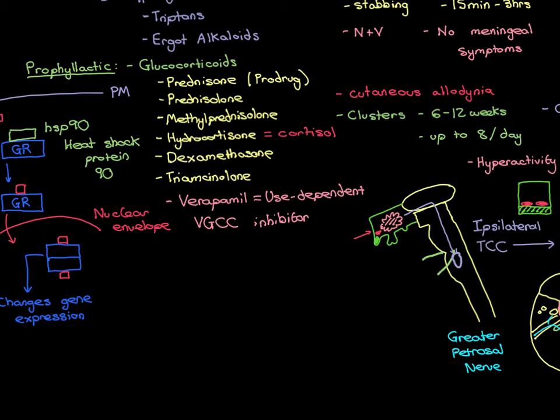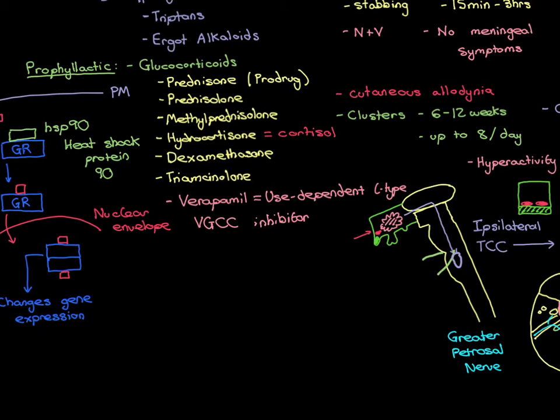So, this is going to do the exact same thing as use-dependent voltage-gated sodium channel inhibitors, except it's going to do it to L-type voltage-gated calcium channels. And in fact, maybe I should now put in there use-dependent L-type voltage-gated calcium channel inhibitor. So this thing, just like all of those use-dependent voltage-gated sodium channel inhibitors that we discussed, and the two that we actually gave examples of were topiramate and valproate.